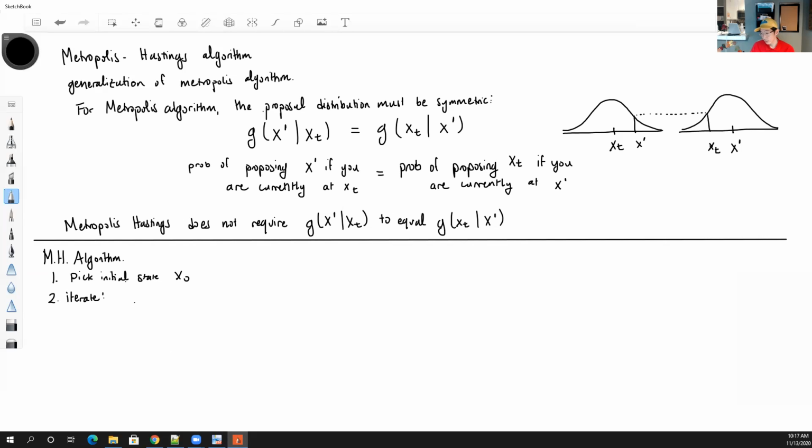Step A, I guess 2A will be generate or propose a candidate X prime, which comes from g of X prime given xt. Propose a candidate based on the current value xt. So this part's exactly the same.